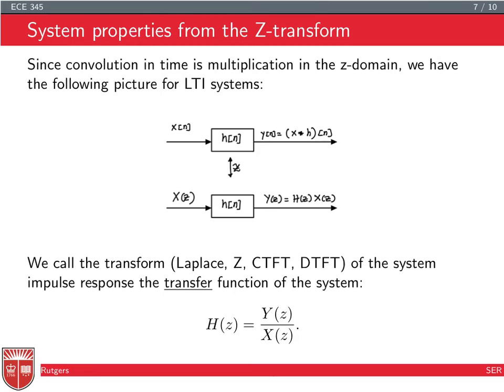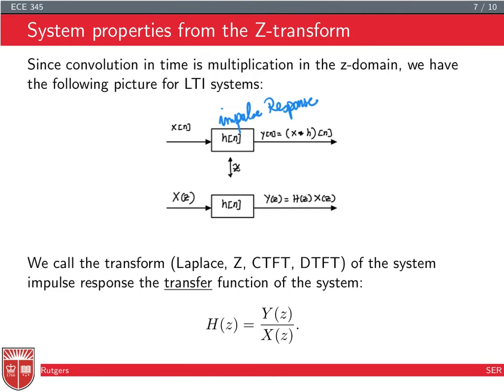And here I try to represent what I just said in terms of figures. So in the z domain, if you have an LTI system with an impulse response that is h of n, so this is called the impulse response, just to remind you, then the output of the system is y of n, which is the convolution of x with the impulse response.